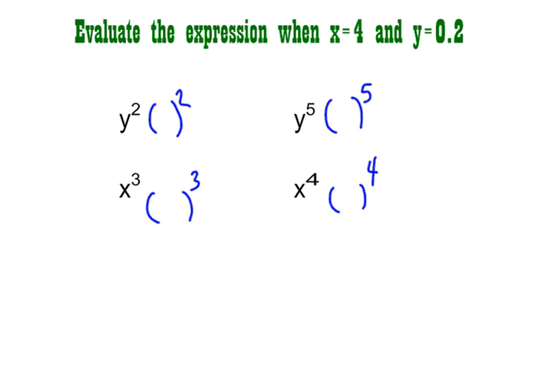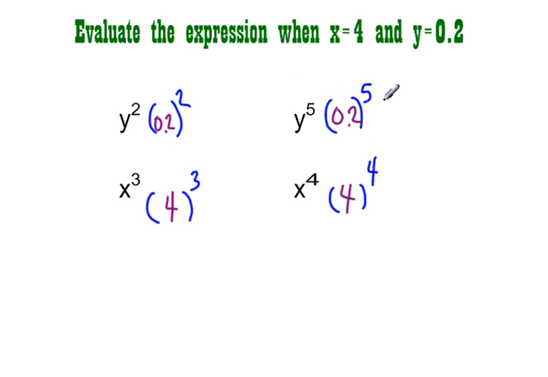And when I say bubble, we know we're just leaving an empty set of parentheses. Wherever there is an x, I need to fill in a 4. Here's an x, so that's a 4. Here's an x, so that's a 4. And every place I see a y, I'm supposed to be filling in a 0.2, 0.2, and 0.2.